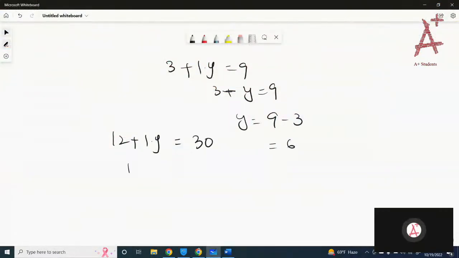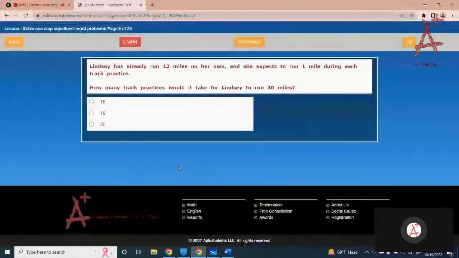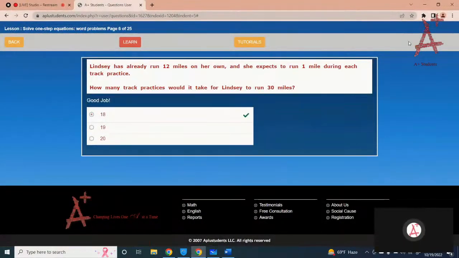So 12 plus 1 times y is y equals 30. So you need to shift that 12 to the other side. It would be 30 minus 12. Yes, 30 minus 12 is 18. So the correct option is 18. Select the correct option and then click on the OK button.